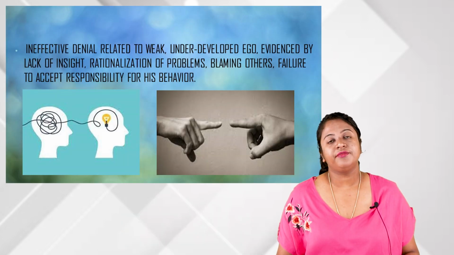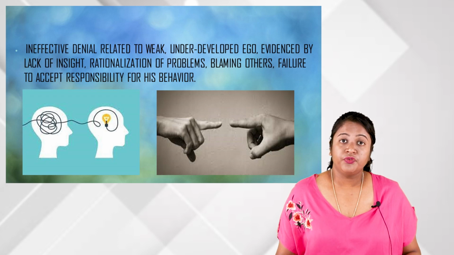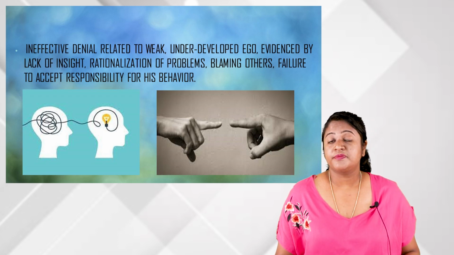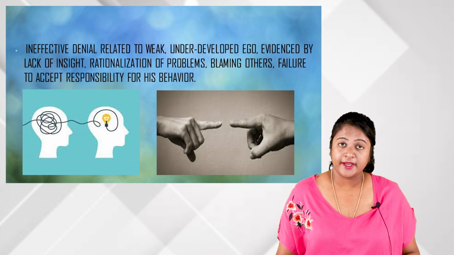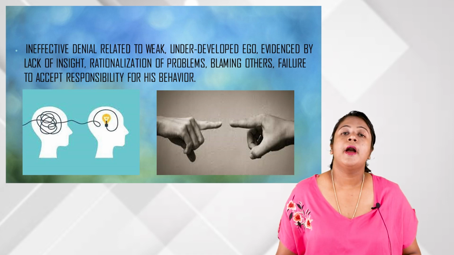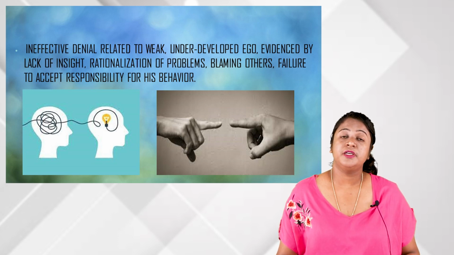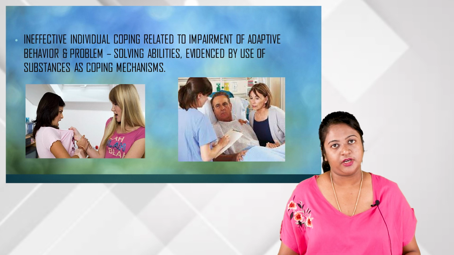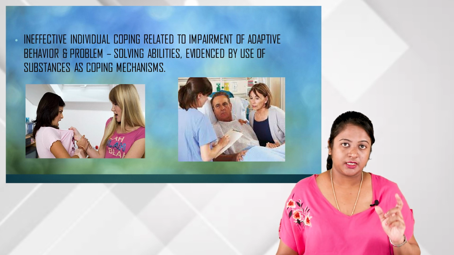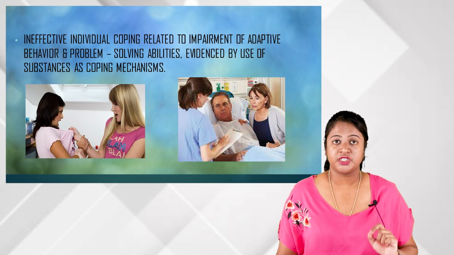The next we have ineffective denial related to weak and underdeveloped ego, as evidenced by lack of insight, rationalizing the problems, blaming others, failure to accept responsibility for his behavior. So the next nursing diagnosis that you can state is ineffective denial.